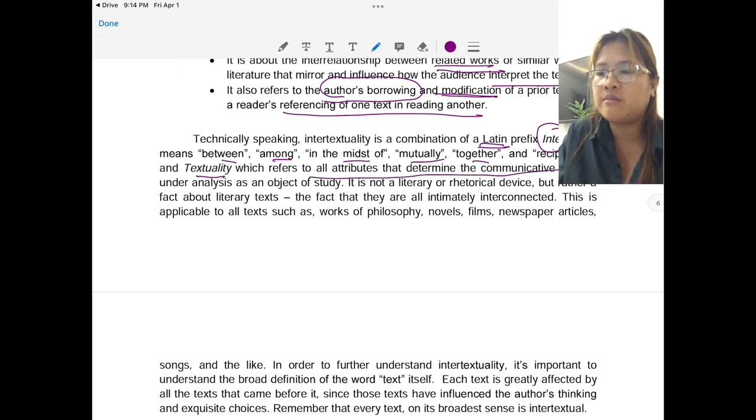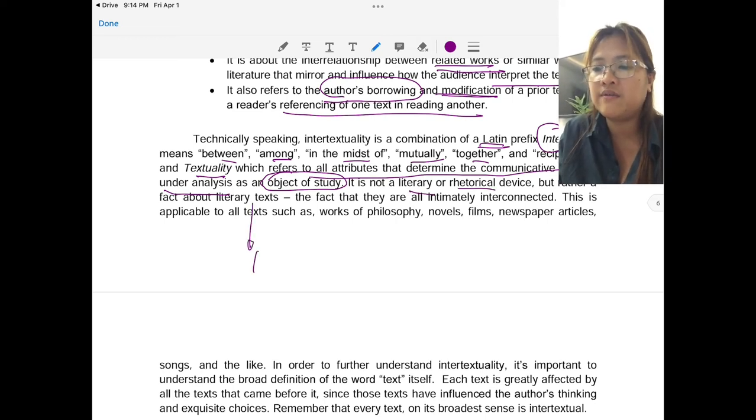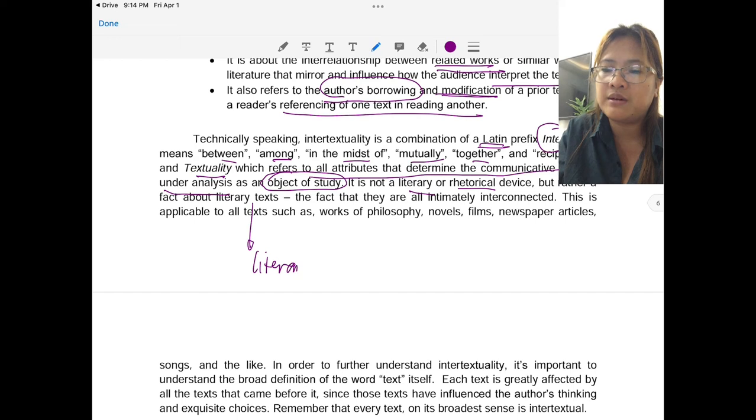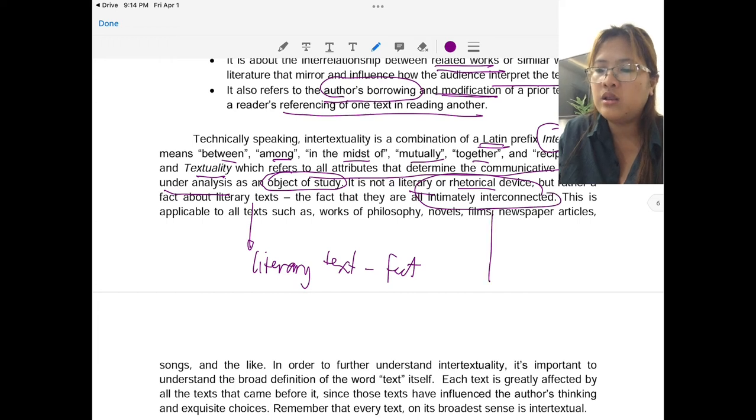Textuality, on the other hand, means all attributes that determine the communicative content under analysis, such as an object of study. So it is not a literary or rhetorical device, but it's a fact about literary texts. So it's a fact that all are intimately interconnected.